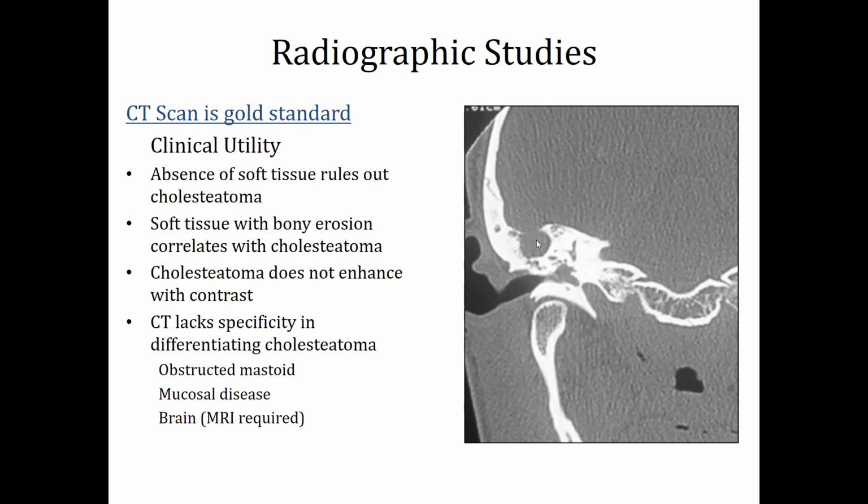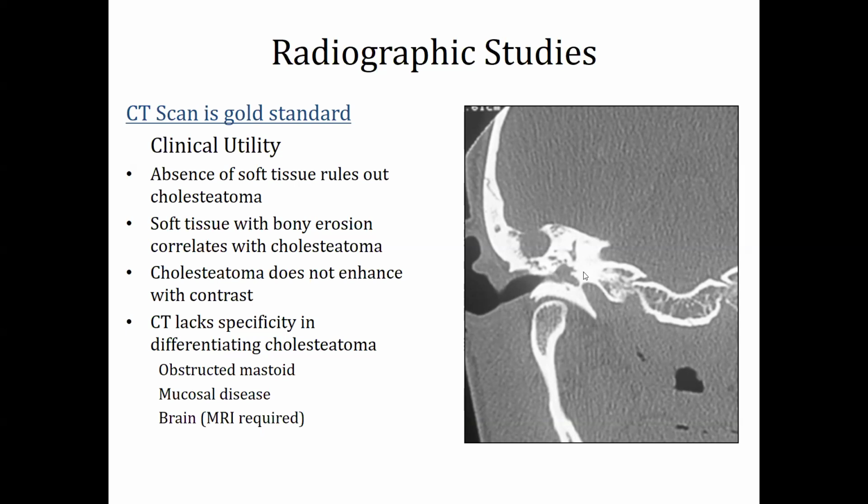Is it cholesteatoma? Is it brain? Is it cancer? Is it some other structure? Is it wax, etc.? So the CT lacks the specificity for that, but you're going to use it as an adjunctive. So always get non-contrasted CTs with temporal bone configuration for fine cuts.